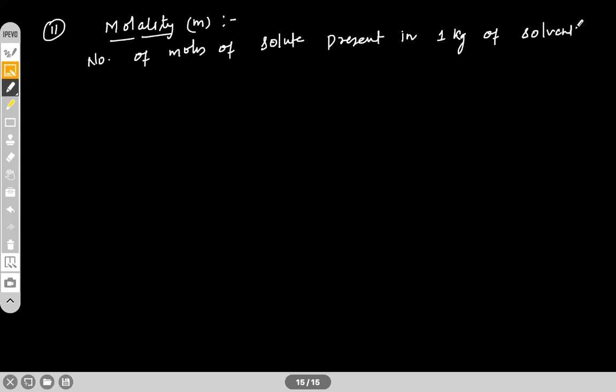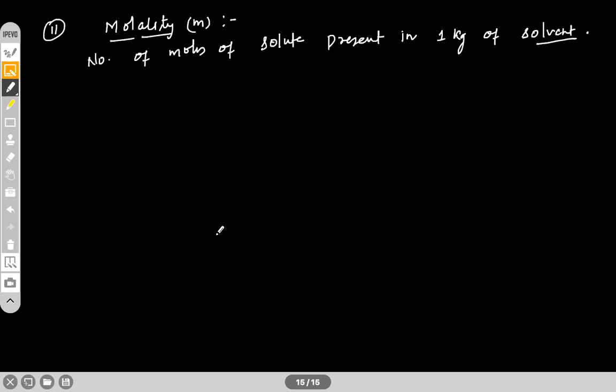Okay. Write down. It is the number of moles of solute present in 1 kg of solvent. See here we have solvent, it's not solution.